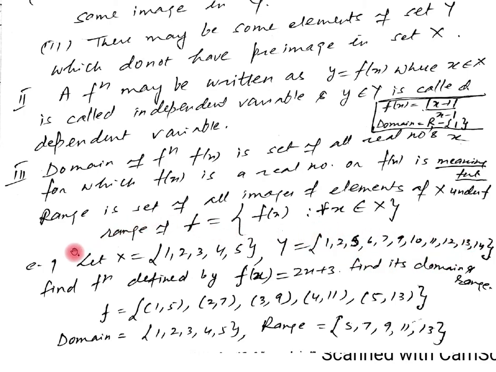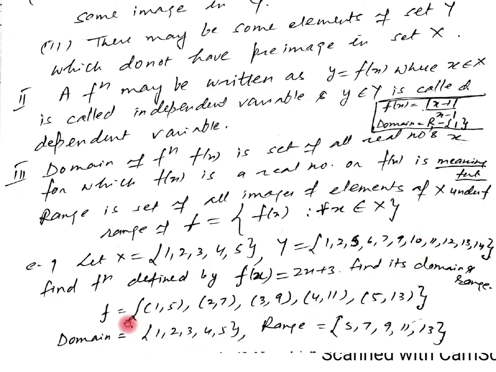Is it clear to you? First, X is given to be this set, Y is given to be this set. The function is defined by f(x) = 2x + 3. We have to define the function and find its domain and the range. Now we put the values of x from this set here and get the values of y. For all values of x, there is a definite y in the set.